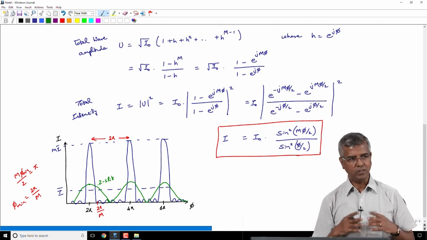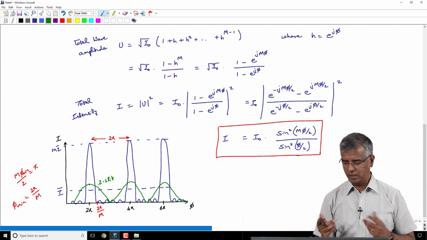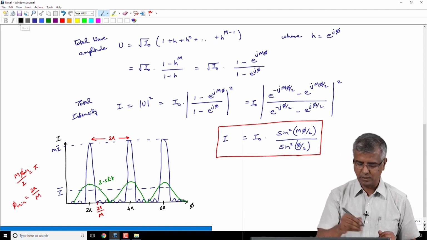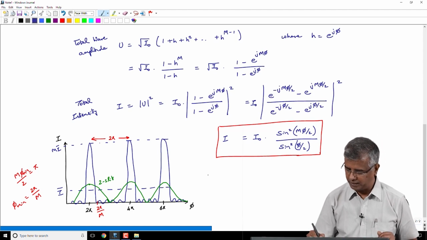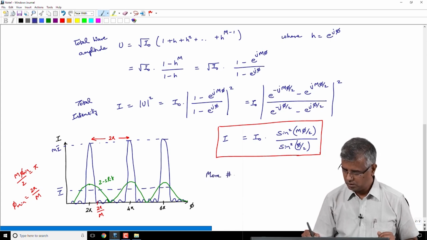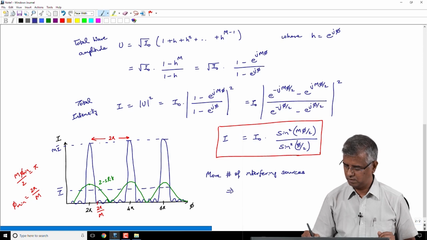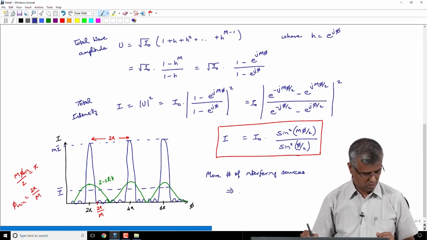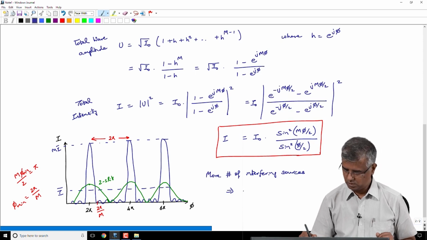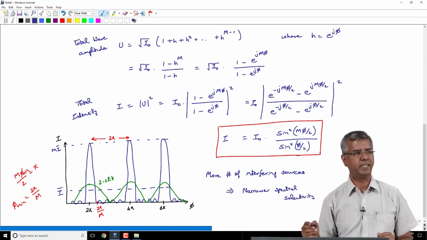In general, I will just write this out because it is an important aspect to keep in mind. More number of interfering sources, you have narrower spectral selectivity or finer spectral selectivity.